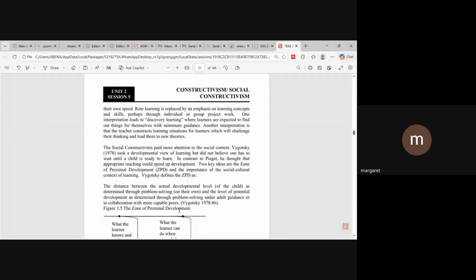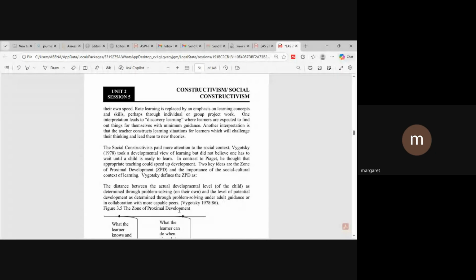That is why they brought social constructivism. Their environment helps them to construct new knowledge. So from the social constructivist perspective, the learners cannot learn on their own. They can't construct knowledge on their own. They need the help of their social environment to help them to learn.